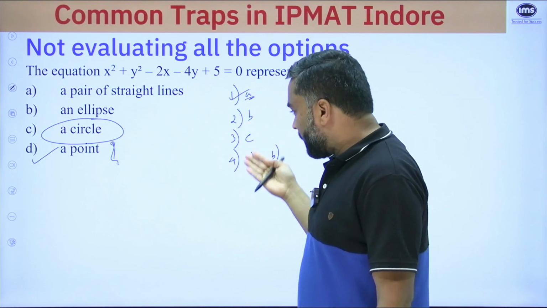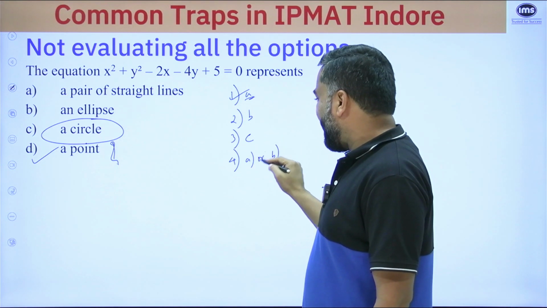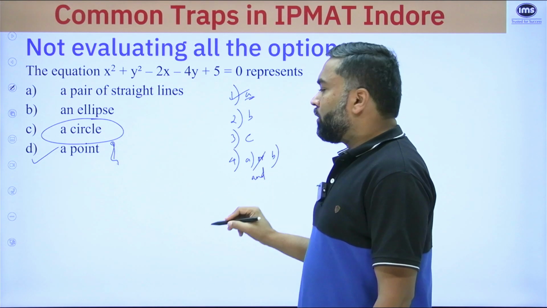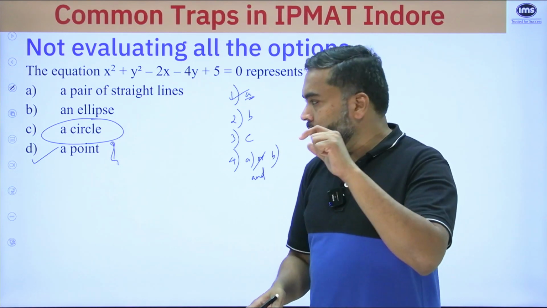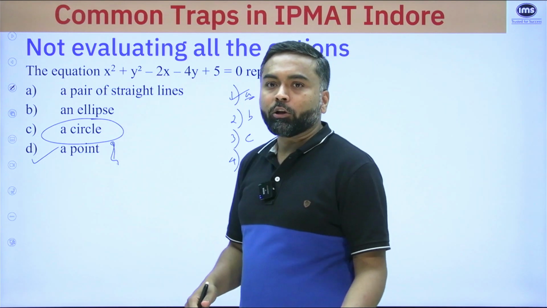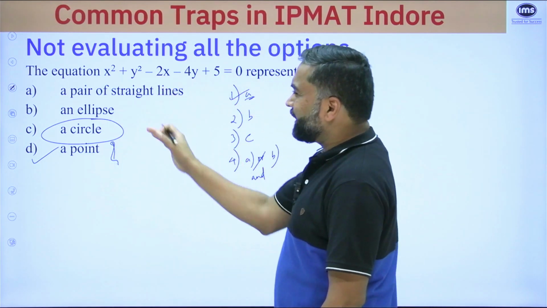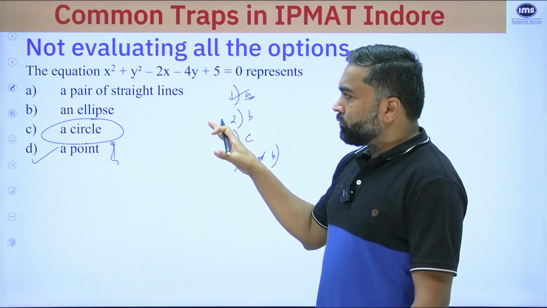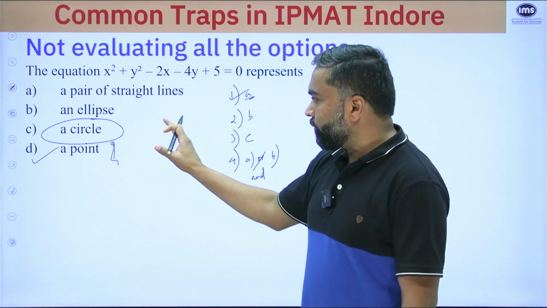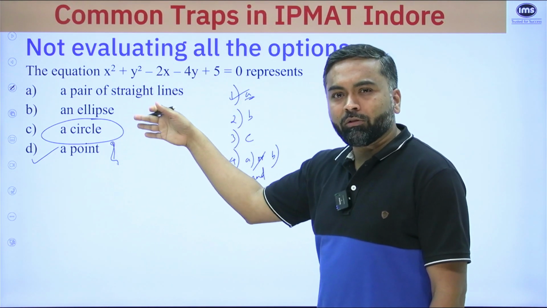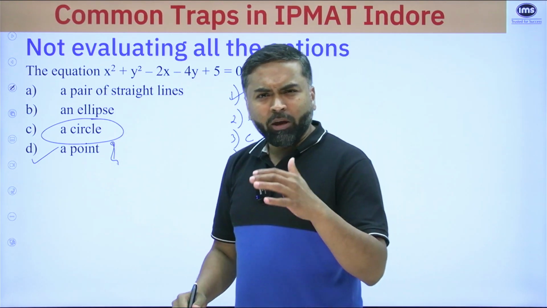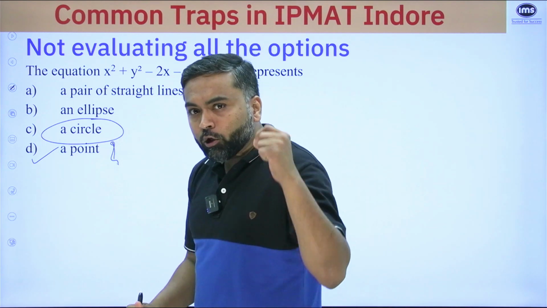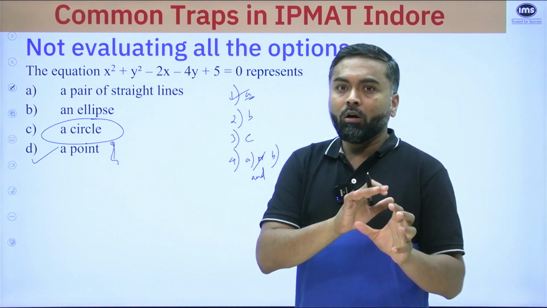They don't even check whether the fourth option is A or B, or maybe A and B. A lot of times students don't check this, make the error and attract -1. So don't make this error of not reading all the options. It's an IPMAT Indore question. At least think for 10 more seconds whether there is any catch. There may not always be one, but it's always better to check for a catch.